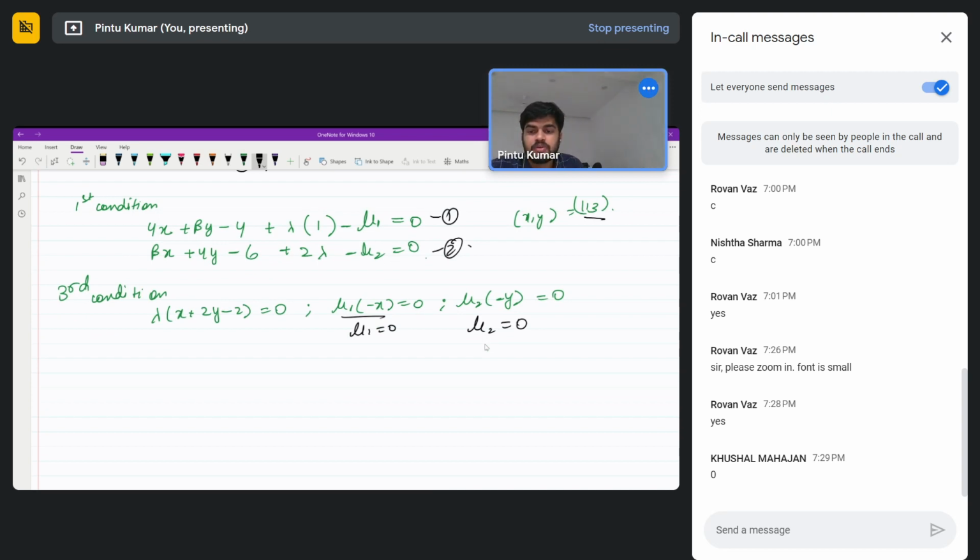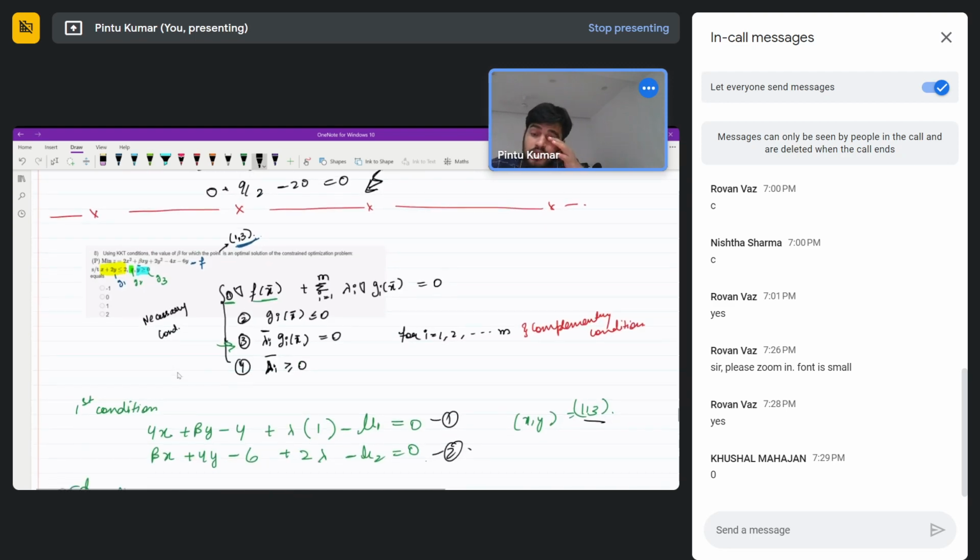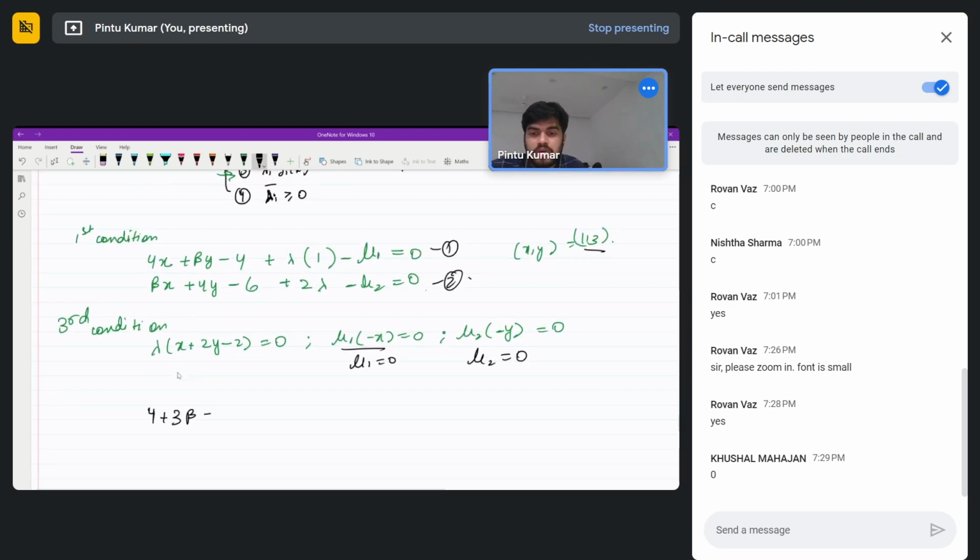I obtain 4 into 1, which is 4, and then I have 3 beta minus 4 plus lambda equal to 0.